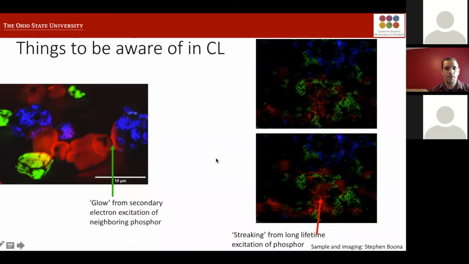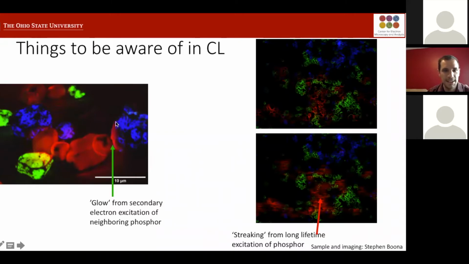So since we were talking about the phosphors, we had these nice images that show a couple of different effects that you want to think about when you're doing any of this kind of imaging. Even in any kind of imaging in the SEM, you'll see this. As you scan your electron beam across, you'll be getting signal from next to it.